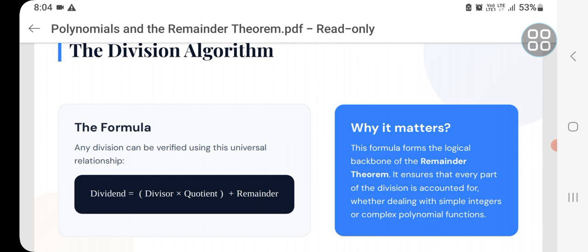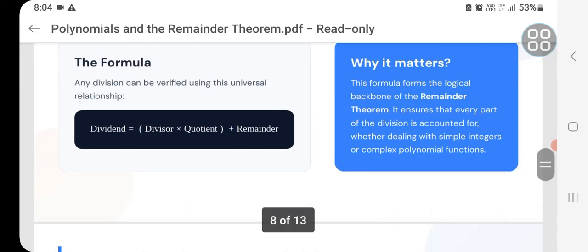Already we have the dividend as 4. So 4 equals 4, LHS is equal to RHS. So this is one of the ways we find the division. That is known as the division algorithm. It will be very helpful for you to understand the remainder theorem. That's why I mentioned here why it matters. This formula forms the logical backbone of the remainder theorem.